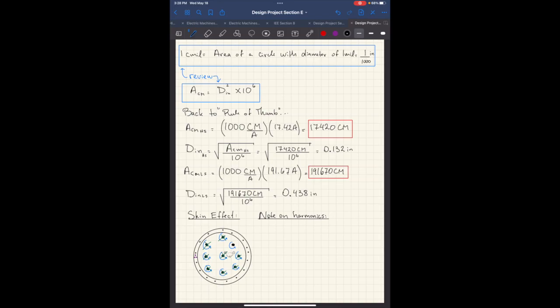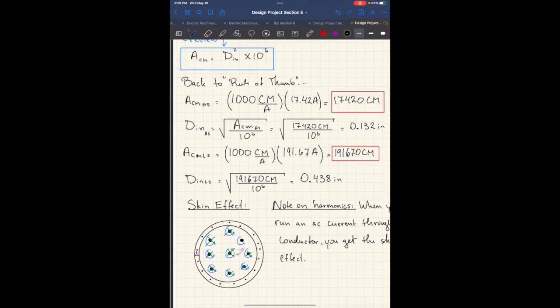So, when you run an AC current through a conductor, you get the skin effect.